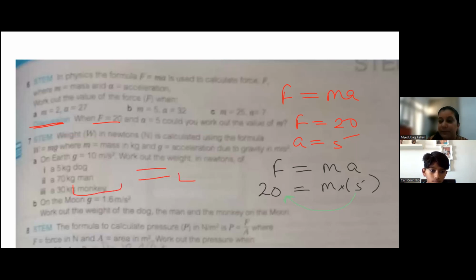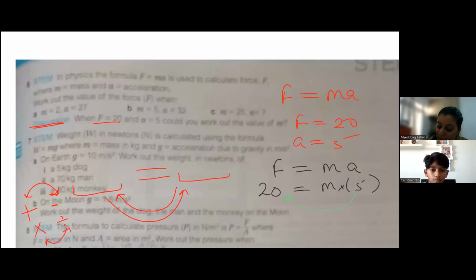Whenever we transfer terms from one side to the other, change of sign takes place. Plus becomes minus and minus becomes plus. These are interchangeable, and multiplication becomes division and division becomes multiplication. This is how it goes.